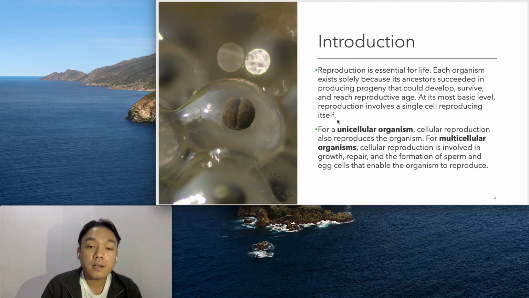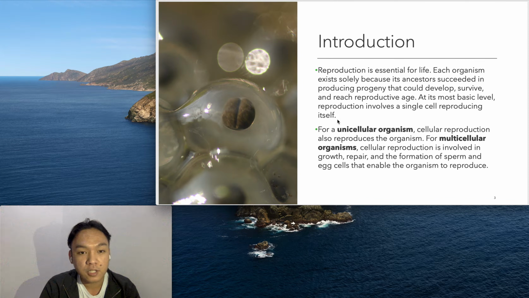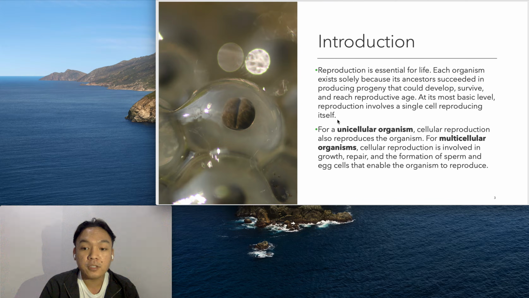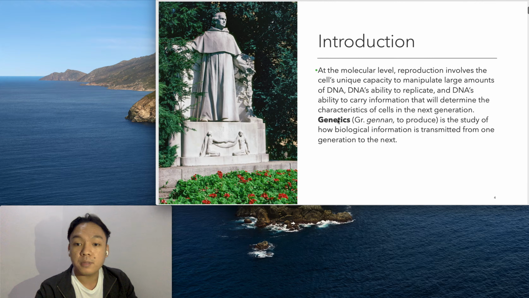Organisms that are composed of only one cell we call unicellular organisms. Cell reproduction is also reproducing the entire organism. For multicellular organisms, cells are involved in reproduction, such as repair, growth, and production of sperm and egg cells, so that the animal is able to reproduce.